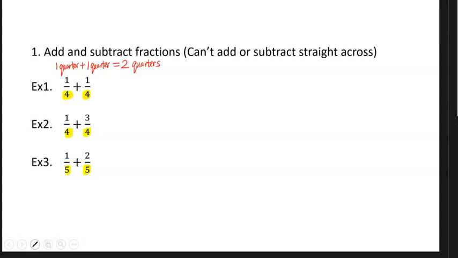So let me change it to this color. We have 1/4, and that's the number of quarters we have, and we have another 1/4, that's the number of quarters. So 1 plus 1 gives us 2.